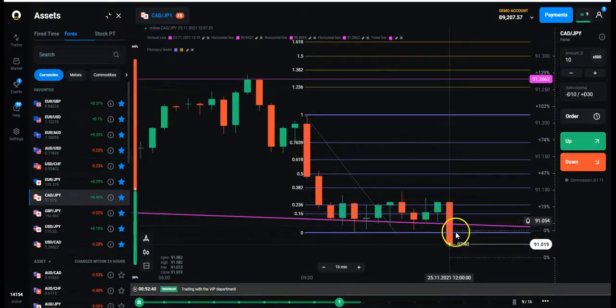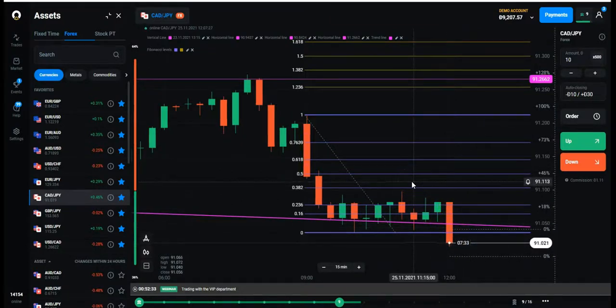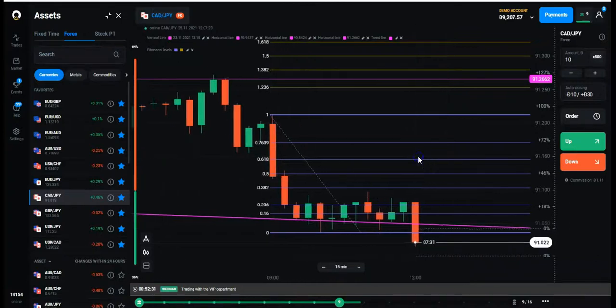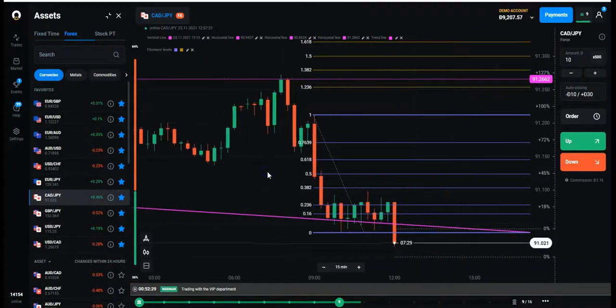At the moment you can see the market has broken lower, so we'll see if we get that retracement. If the market doesn't retrace, if it doesn't want to do that, then I'll just be leaving the trade aside.